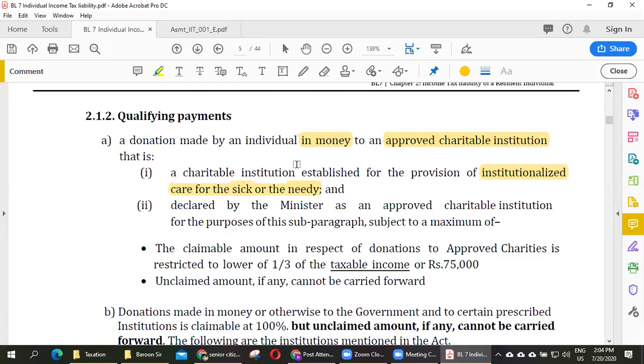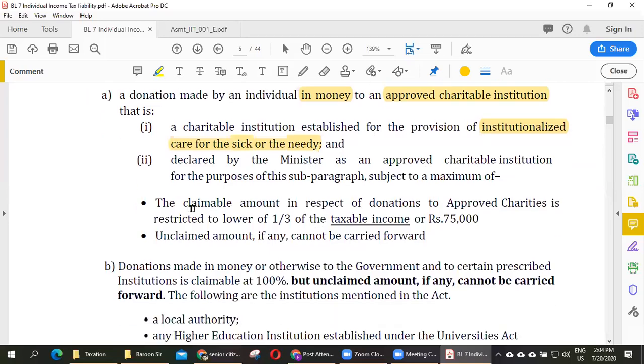And also another criterion: even though they are an approved charity, we have to check whether such an institute provides institutional care for needy and sick people. And it should be approved by the Minister of Finance.